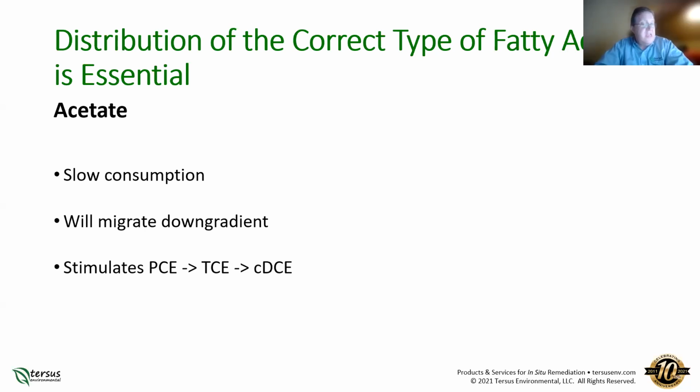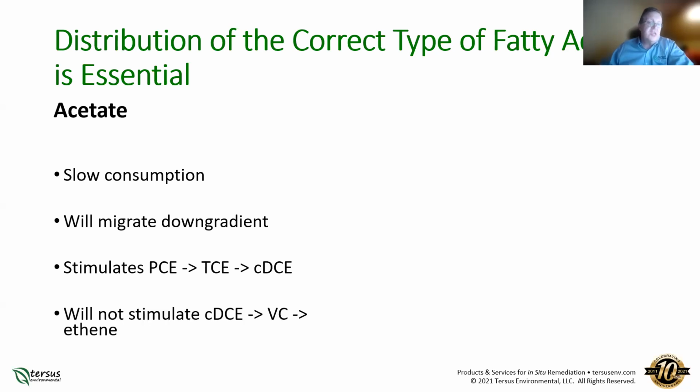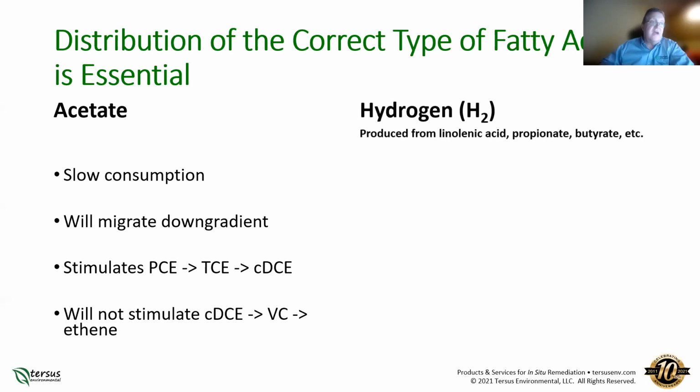It does stimulate PCE to TCE to cis-DCE, but unfortunately, it will not stimulate cis-DCE to vinyl chloride to ethene. For that, you need hydrogen.